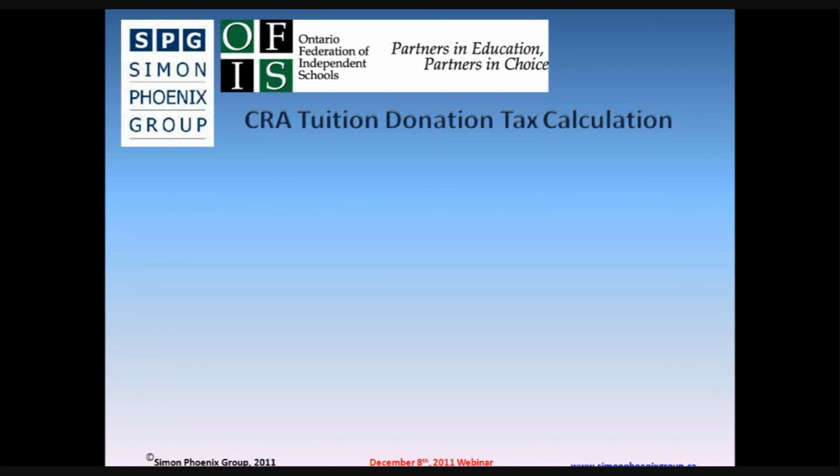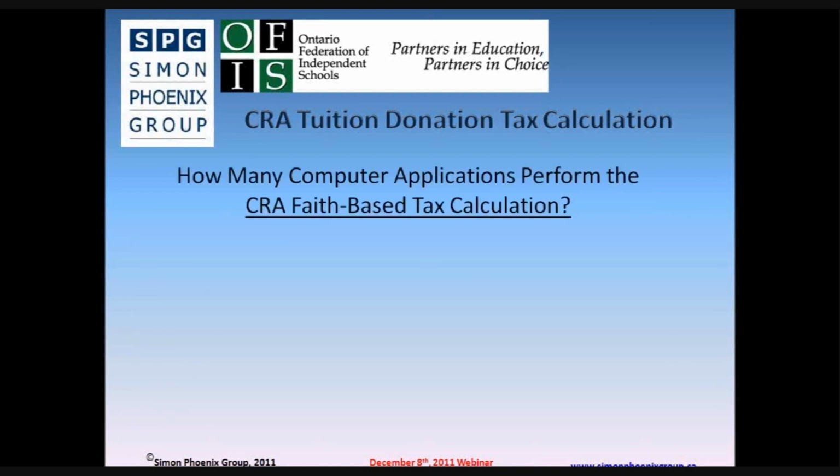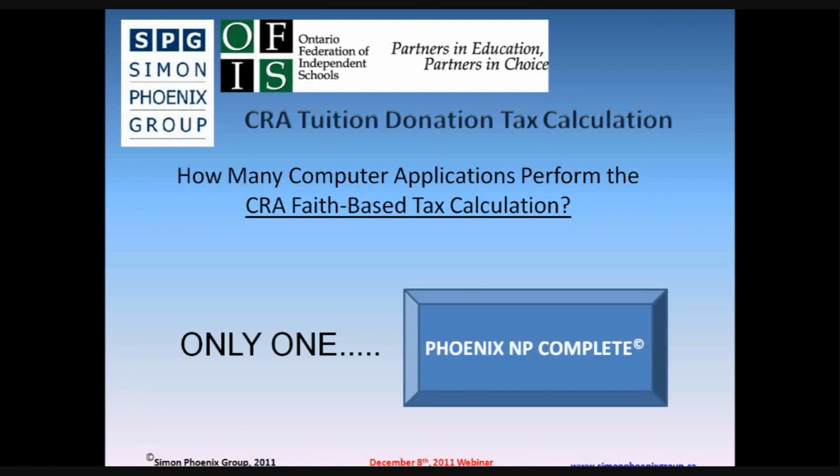The good news is that there is a computer application out there, and I'm sure it's not going to come as a surprise to you to know that our application, as far as we're aware, is the only application that does allow a school to perform the calculation independently on their own from start to finish.